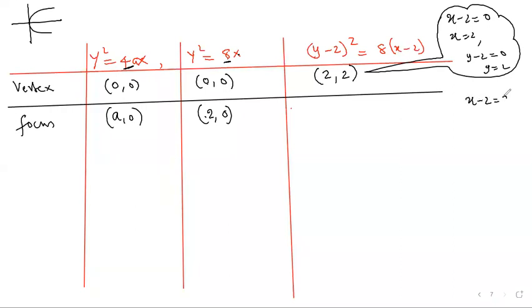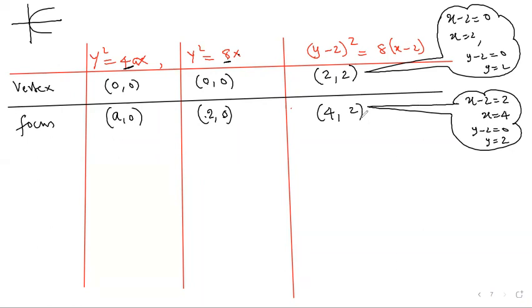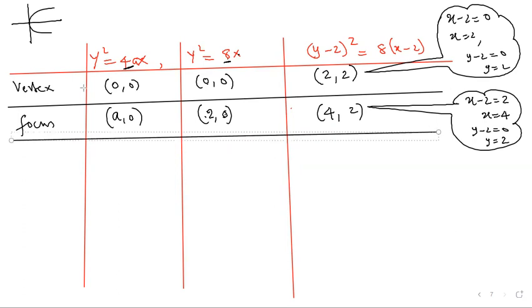So x minus 2 is 2, so x is 4. And the y coordinate is 0, which means y minus 2 is 0, so y is equal to 2. Got the idea? Wherever y is, you put 0, and wherever x is, you put 2, and find out the values of x and y. Done? Understood? Please say whether you followed or not.